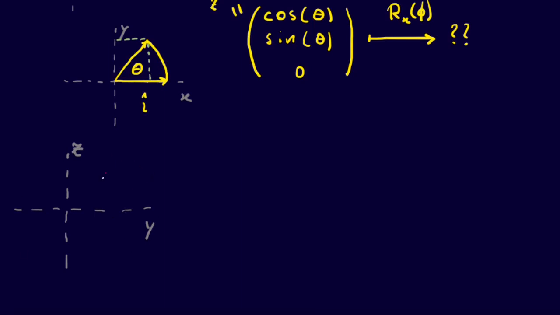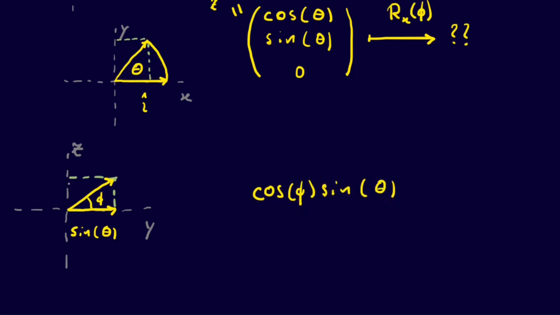So here's our yz plane, and now we take our vector but project it to the yz plane. So the z component is still 0 and the y component is sine theta. Now this vector we're going to rotate by an angle of phi. And again, we would like to figure out now the y component and the z component. So for the y component, we have to multiply this length by cosine phi. So we'll get cosine phi times sine theta.